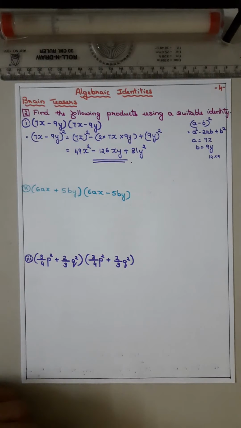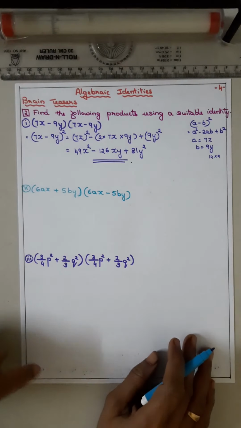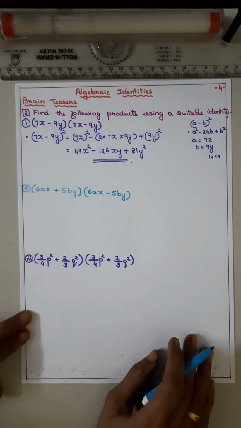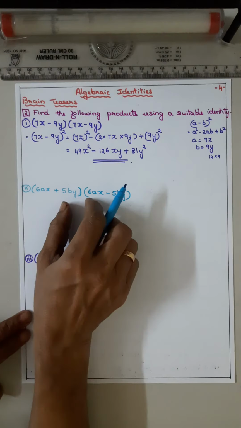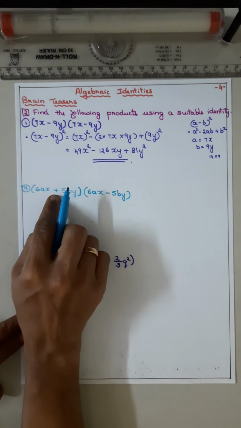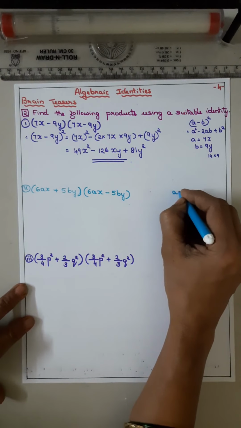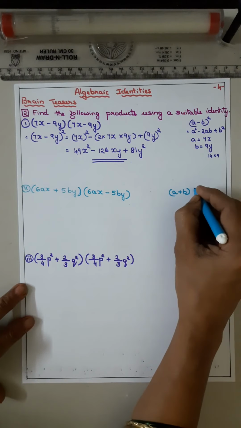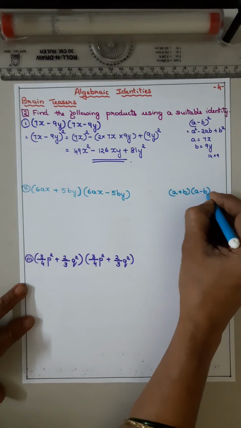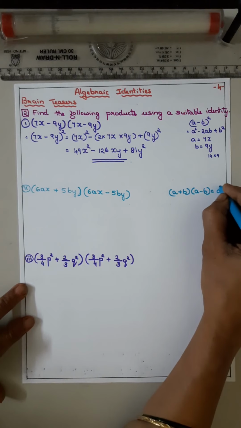Okay, now coming to the second question, 6ax plus 5by, 6ax minus 5by. The terms are same, but in between here it is plus, here it is minus. So it will be a plus b, a minus b is equal to a squared minus b squared.